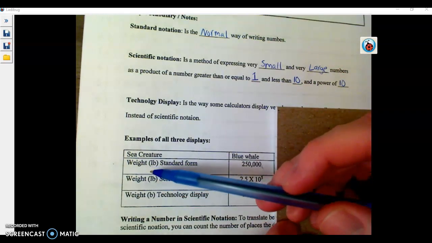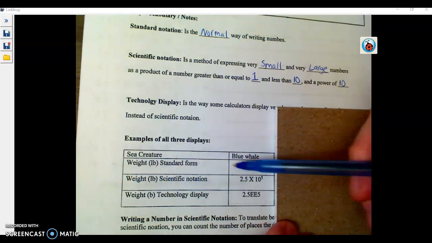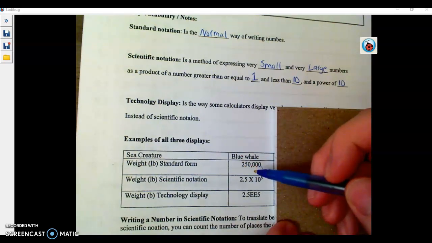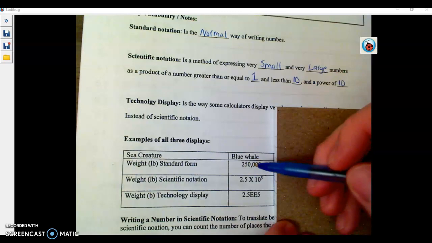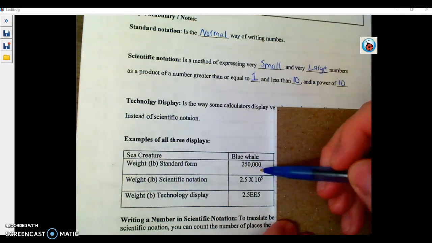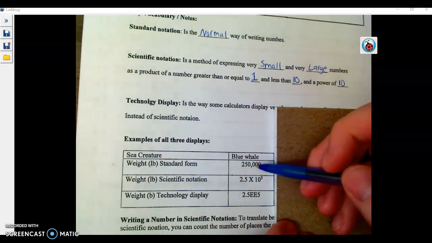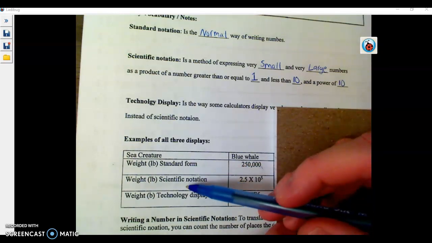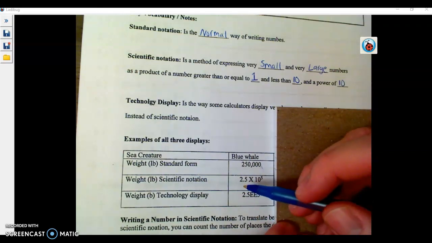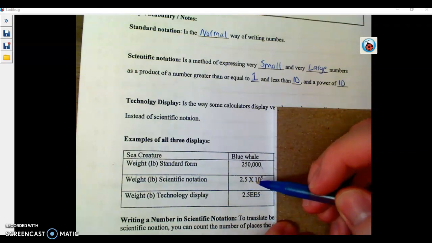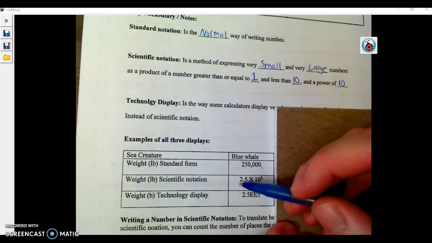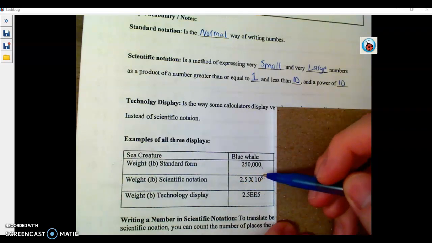The weight in pounds, in standard form, of an average blue whale would be 250,000 pounds. We can express this number, 250,000, in scientific notation as 2.5 times 10 to the power of 5.